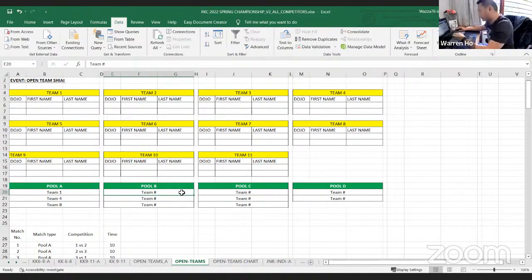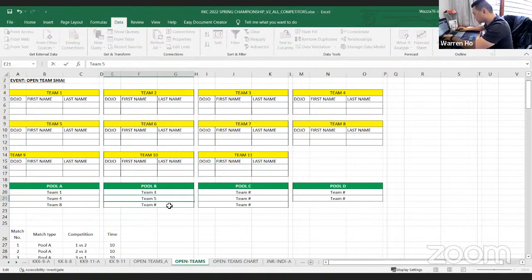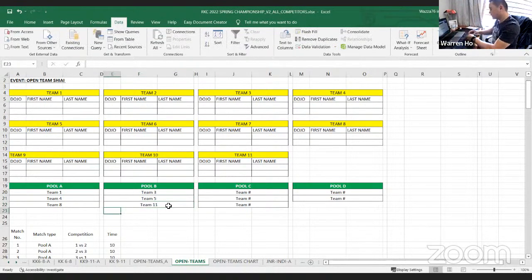So let's write that down quickly. 3, 5, and 11. Perfect. Okay, that's pool B. Pool C. Let's draw the 3 numbers out here. You will be 10, 7, 6.